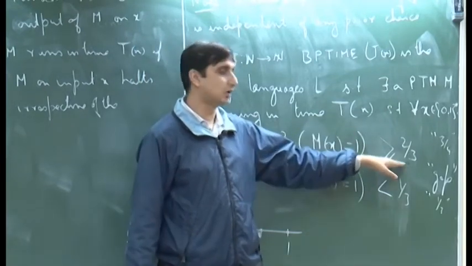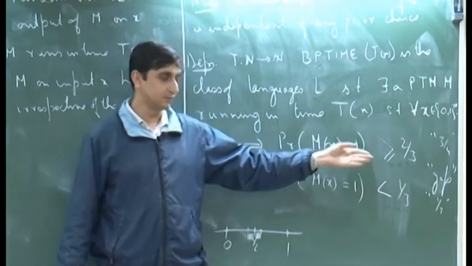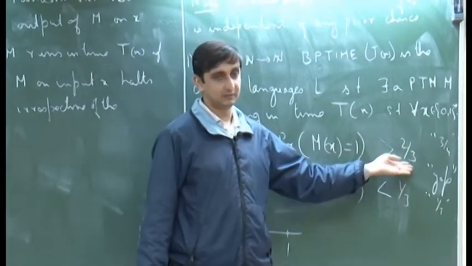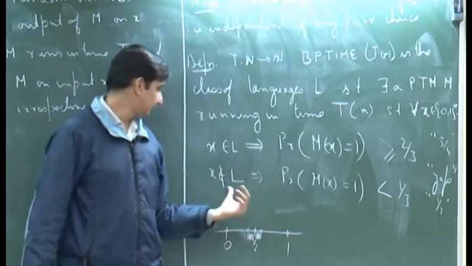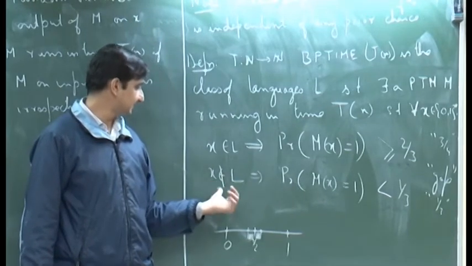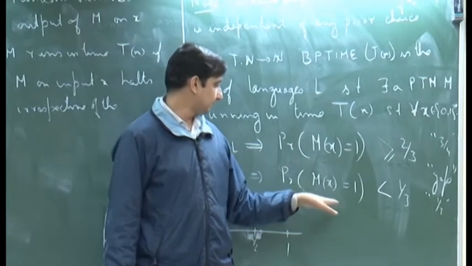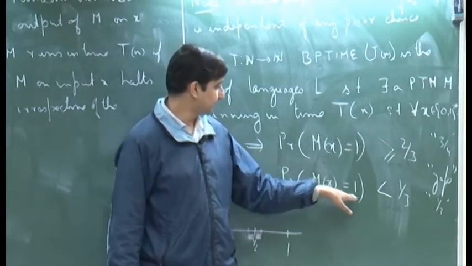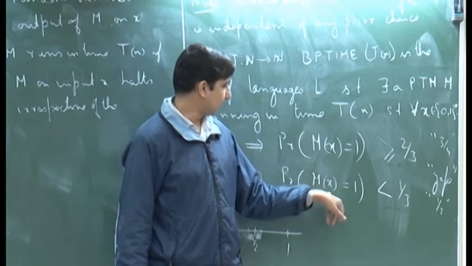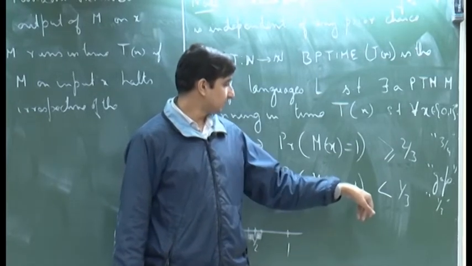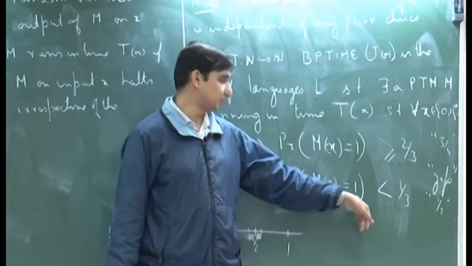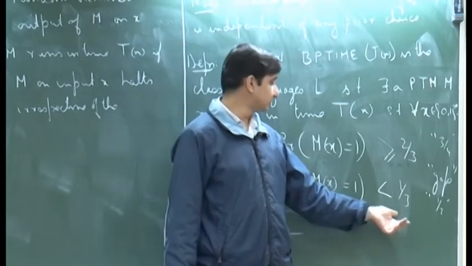It is only that that probability is less than 1/3. Similarly, for an x that does not belong to the language, the probability that M on that input x outputs 1 is also not 0.